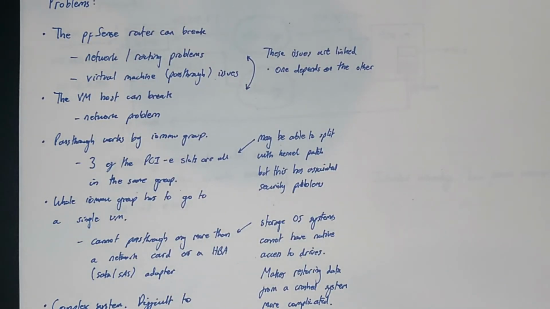The second issue I found, and I'm not sure if this is me who's made the mistake, it could be me misunderstanding something, is that the whole IOMMU group itself has to be passed through to a single VM. That might have been me misconfiguring something, because I've seen information online that conflicts with that.